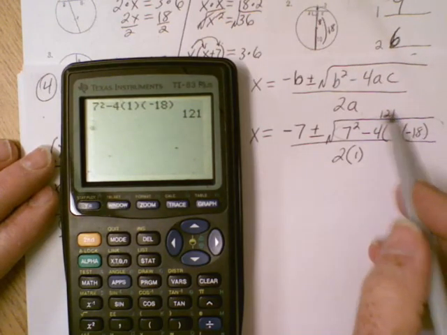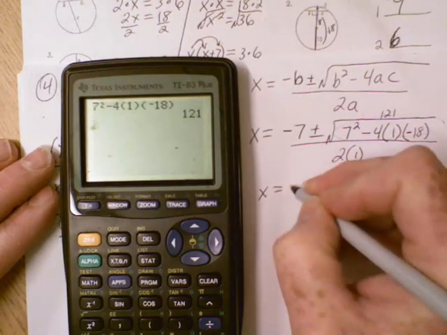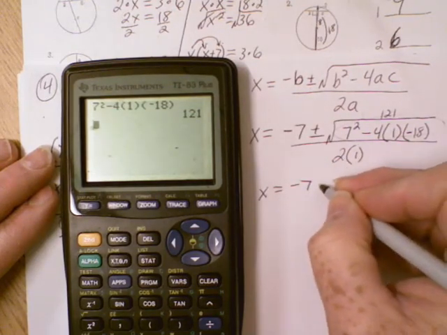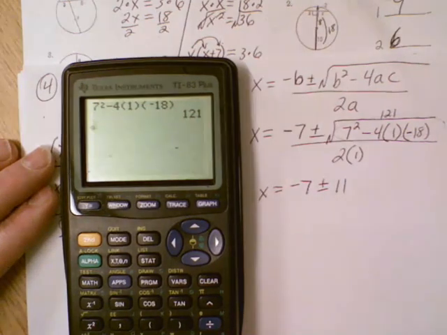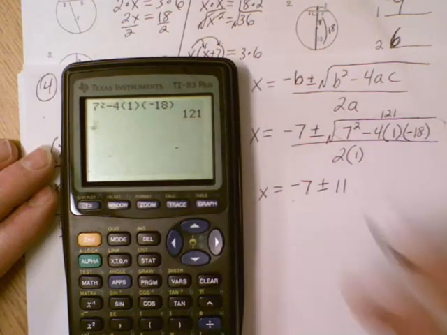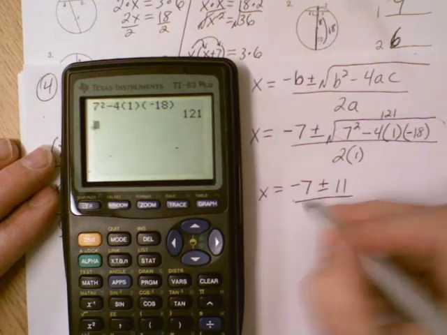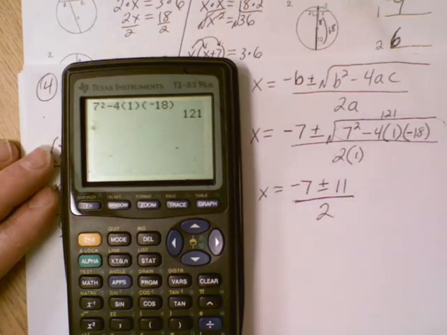So that 121 is all of that under that square root. Well, I know the square root of 121 is 11. So I get negative 7 plus or minus 11, getting rid of the square root. Over, I can do this bottom in my head. 2 times 1 is just 2. Write it down.